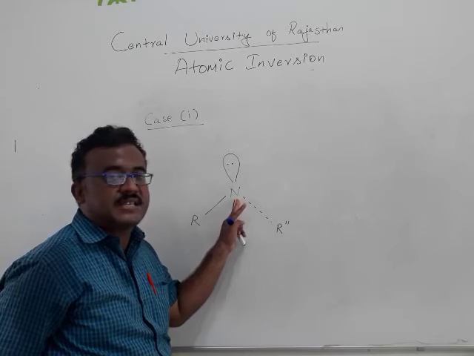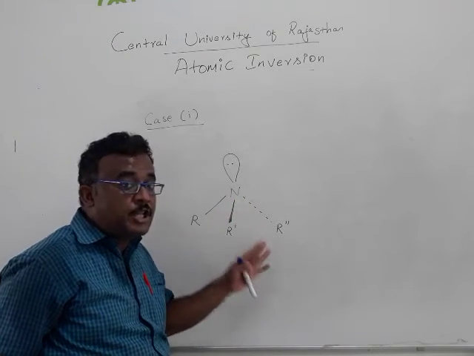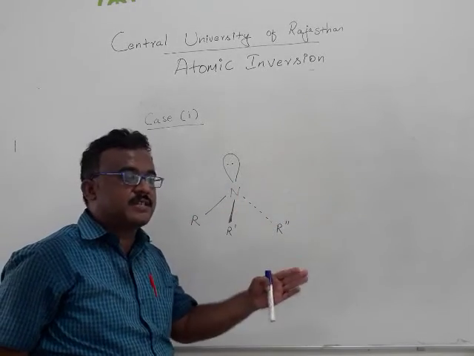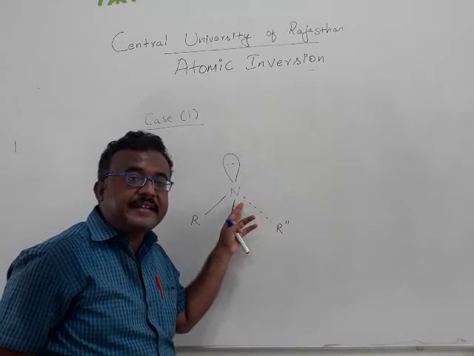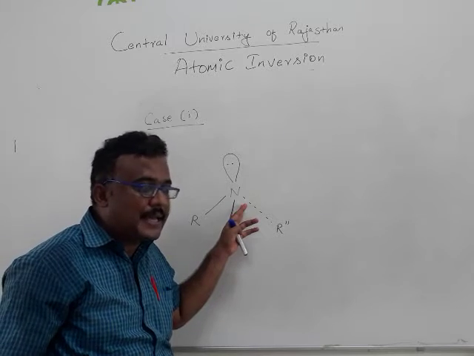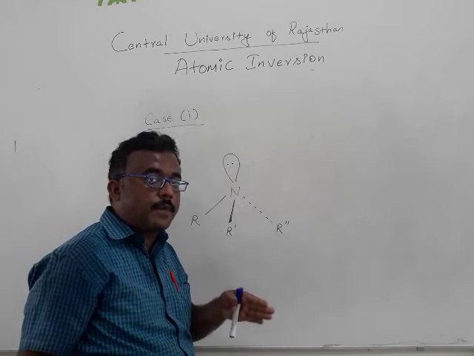That's why this nitrogen center can't be called a stereo center. So how can you stop the inversion? You have to stop the inversion and then make this nitrogen center optically active. The nitrogen should be optically active, or you can call it a stereo center, so you have to stop the inversion. How can you stop that one?